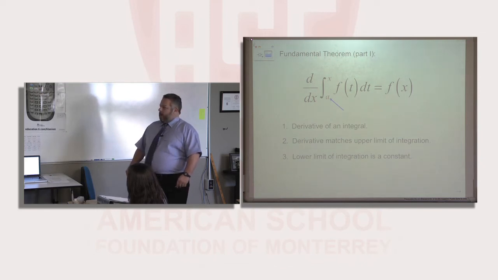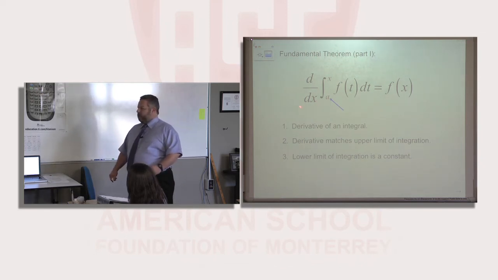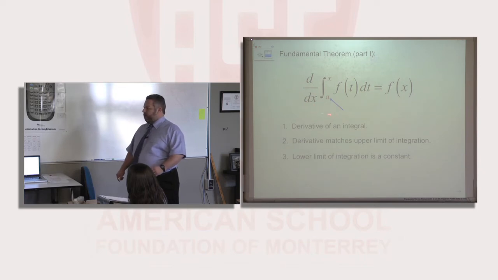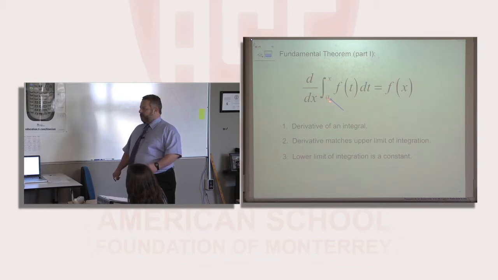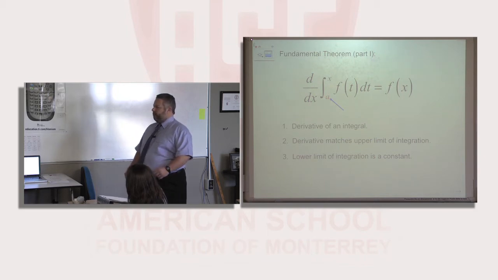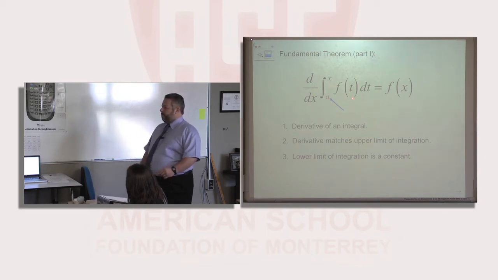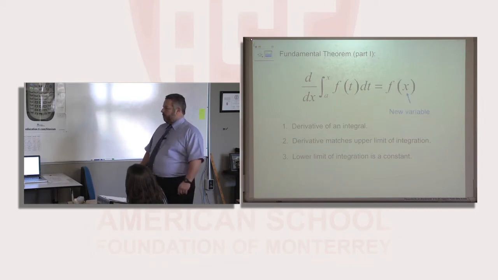And what we notice is that if we've got the derivative of an integral, the top limit of integration matches the variable of differentiation, and the bottom limit of integration is a constant, then the answer is the function evaluated at the top limit of integration, f at x. We get a change of variable here.